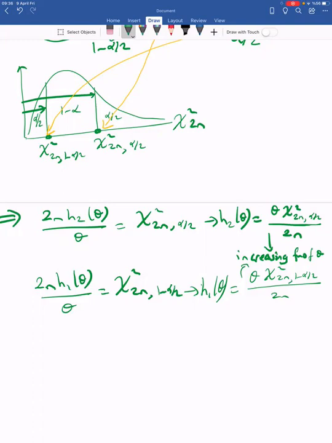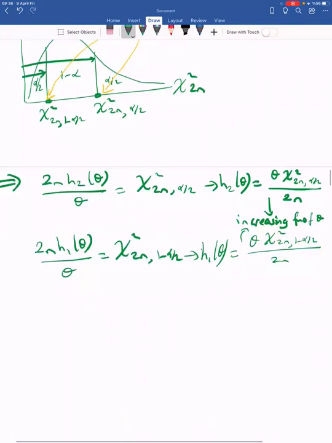After that, we know from the theorem that if h1 and h2 are increasing functions of theta, and we choose our statistic as x bar, the lowercase x bar of the sample values, then from the upper bound we obtain the lower bound.